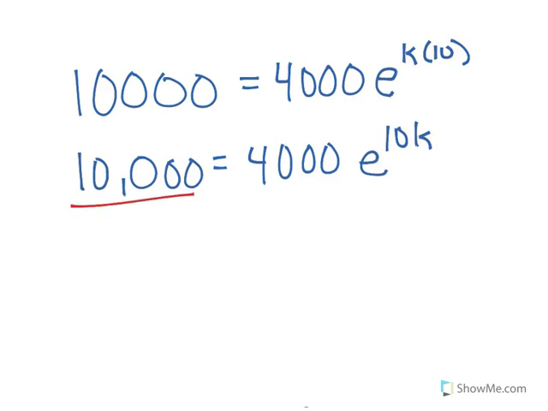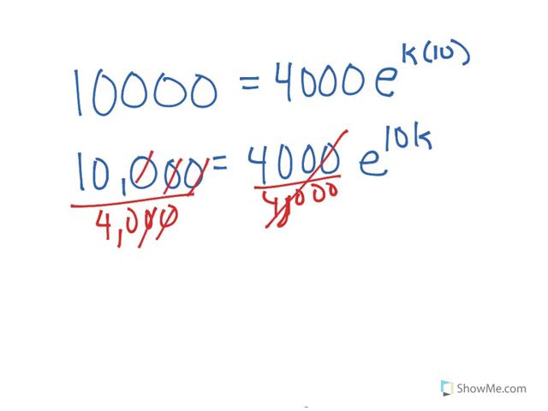So the first thing I'm going to do is divide by 4,000. By the way, that cancels. If you want to cancel this, you can. If you don't want to, you don't have to. So I've got 10 over 4 equals e to the 10k. I want to make the e go away. What's the opposite of e?